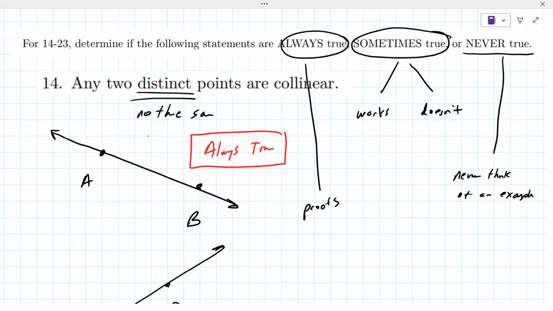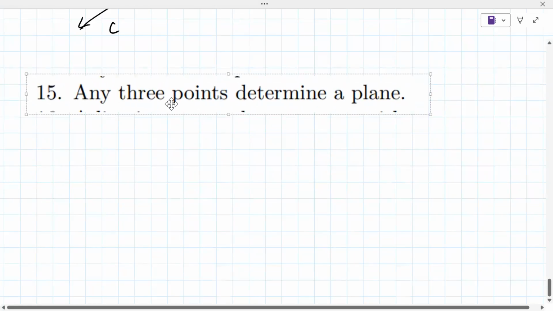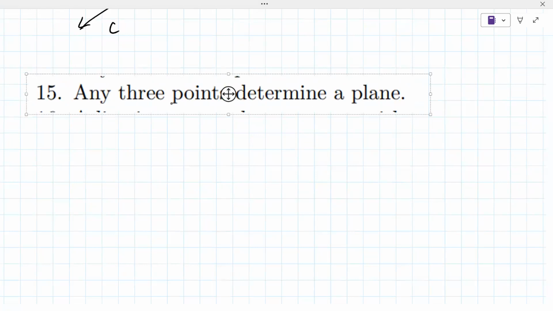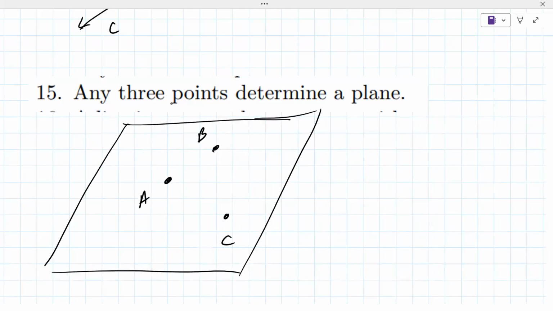Okay, so let's look at one that is sometimes true, and this is one we sort of already talked about. Any 3 points determine a plane. Here are 3 points, A, B, and C. Does this determine a plane? Are they distinct points? Yes, so this works.